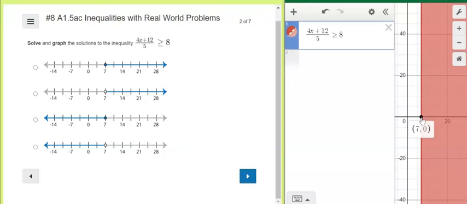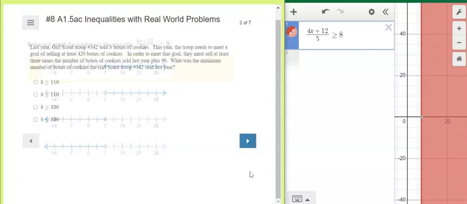So it looks like x is greater than or equal to 7, and I'm going to put the closed circle because it's equal to. If it didn't have the equal to, I would have a dotted line here on Desmos, and then I would choose the open circle, but I have equal to, so that's what I'm going to choose.